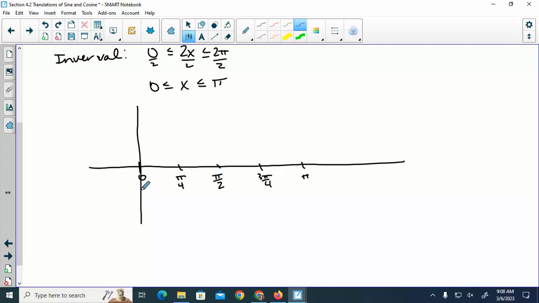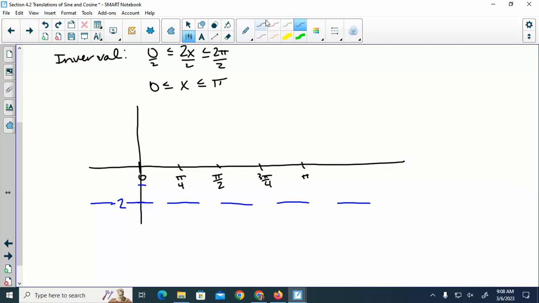We're moving our graph down 2, so I'm going to go to -2, and I'm going to draw in a dashed line here. This is going to represent my center. So when I move my graph down, it moves my center of the graph. And remember, sine and cosine are just bouncing back and forth across that center line.